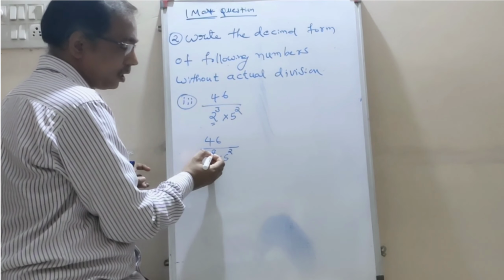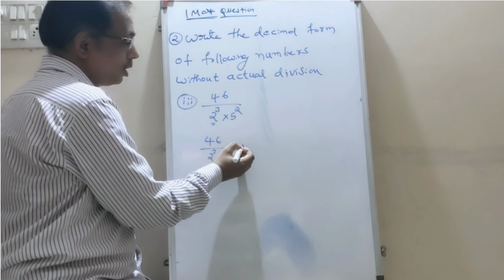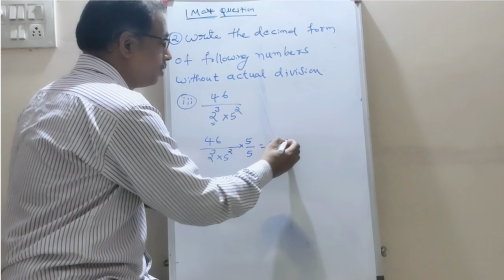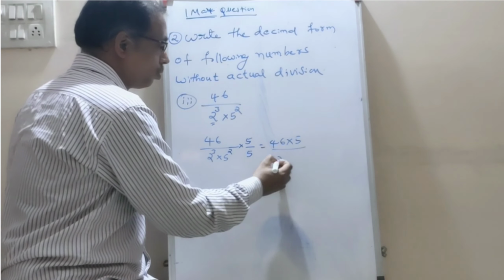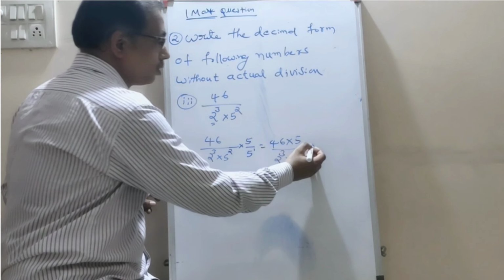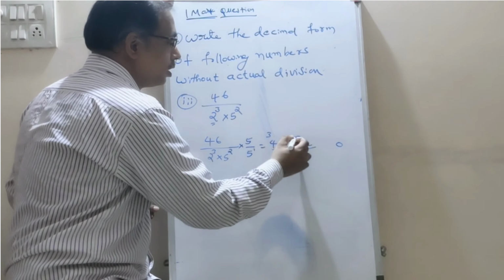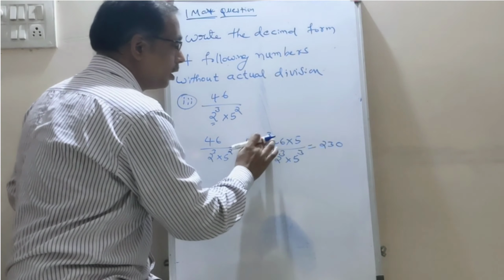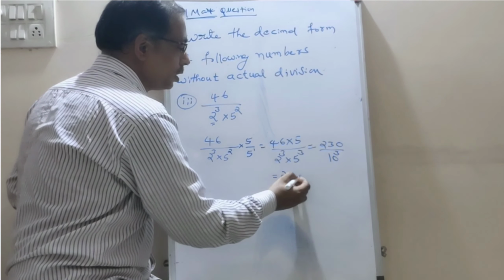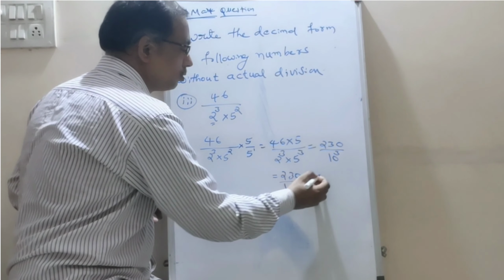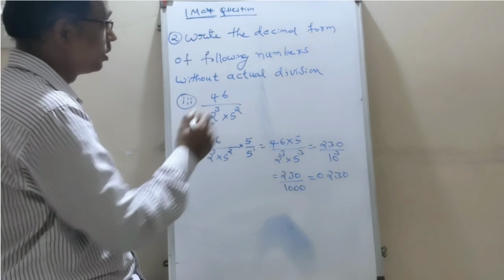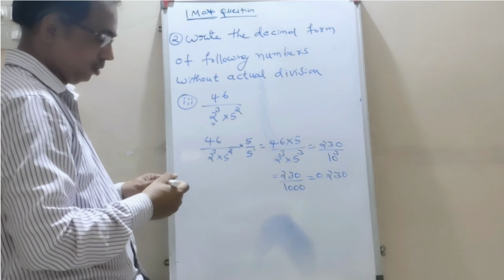Because here we have 2 power 3, to get 5 power 3 it should be multiplied by 5. So that's why 46 into 5 by 2 cube into 5 power 2 into 5 power 1, that is simply 5 power 3. So 46 into 5 is 230 by 10 cube, that is 230 by 1000. So we can write it as 0.230. So like that we get the decimal form without actual division.